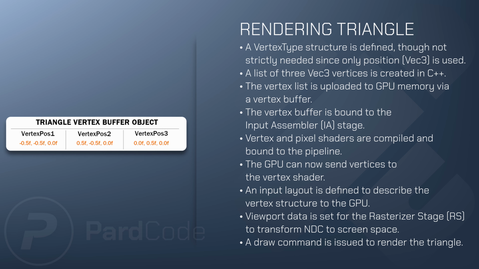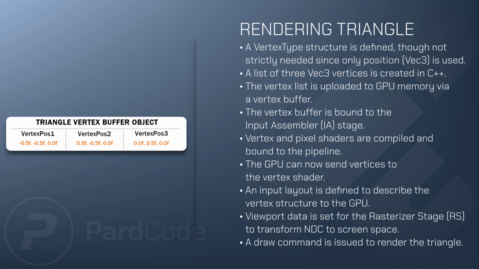After that, we need to pass this data into a so-called vertex buffer. In Direct3D 11, a vertex buffer is an object that stores an array of vertices in GPU memory. Once the vertex data is loaded into the buffer, the GPU can access this data efficiently during the rendering process.